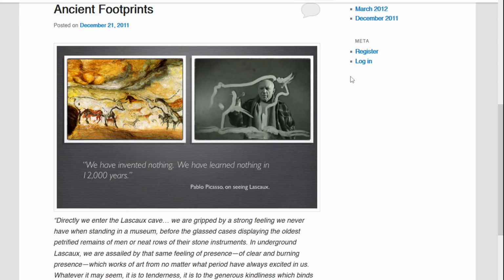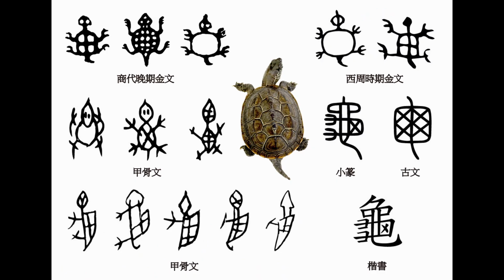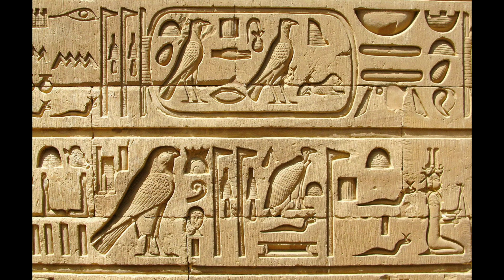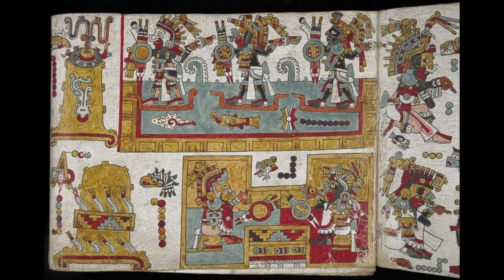And actually, some writing systems, for example, kanji in Chinese and Japanese, are basically stylized, standardized drawings of things, of nature, of ideas. And we have this also in Egyptian hieroglyphs, other logographic languages or pictorial writing systems like in Mesoamerica.